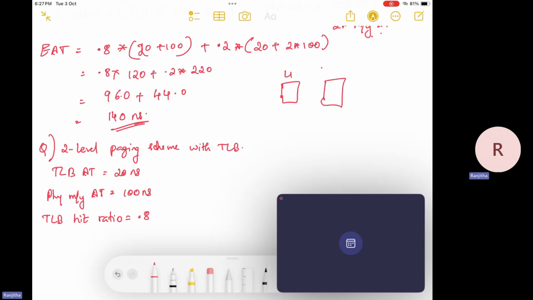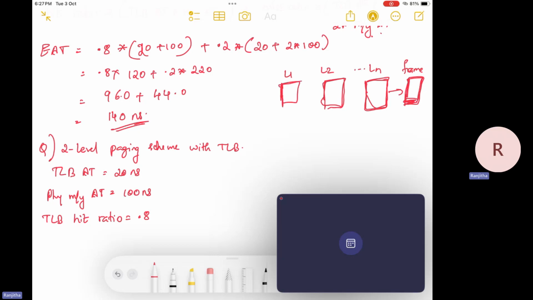This is level 1, this is level 2. We can have a level N. And then we go to the actual frame. Then here we access the actual memory content. So these are all memory accesses only, but here we are accessing the page tables from the memory, and this is the final data content access.